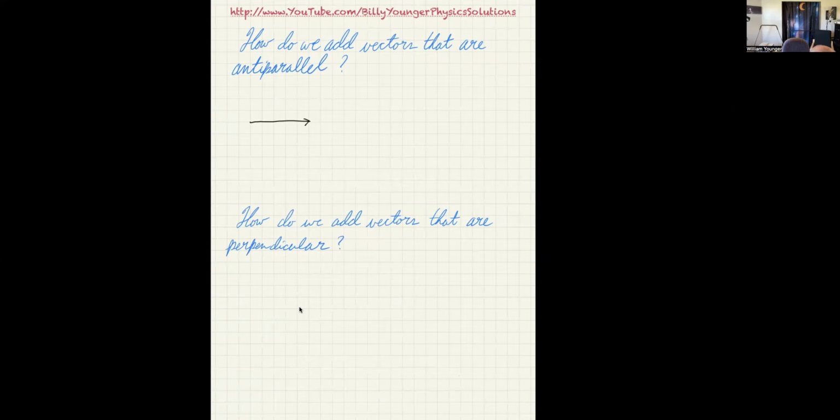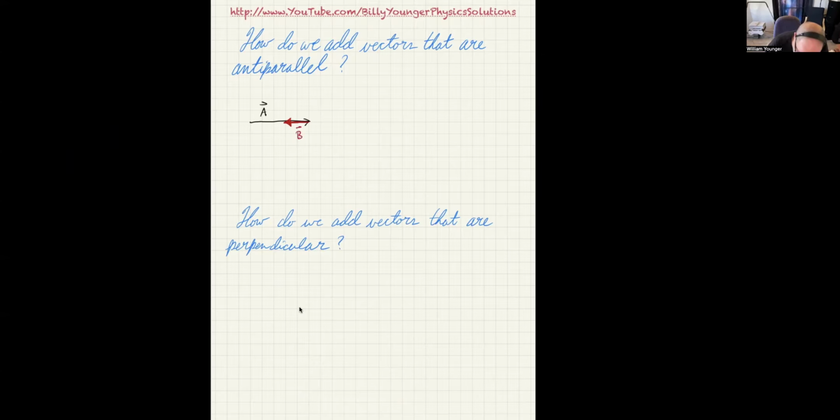And then from that, we walked a distance of 2 units to the left. Those two vectors are anti-parallel. The A vector is the black one, and the B vector is the red one.